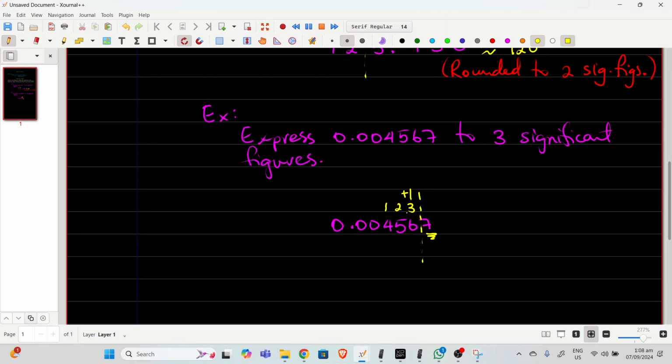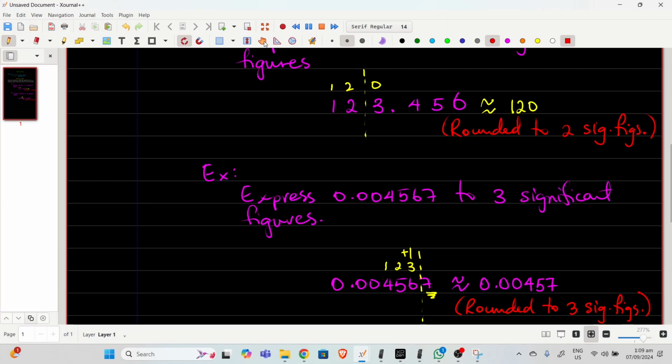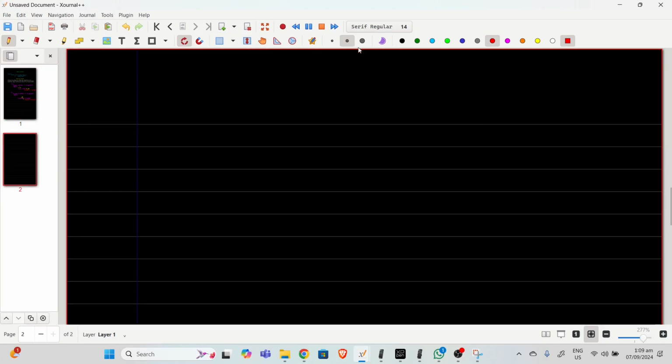It's going to be approximately 0.00457, and this is rounded to 3 sig figs. Fairly straightforward. Let's go to the next one, decimals.